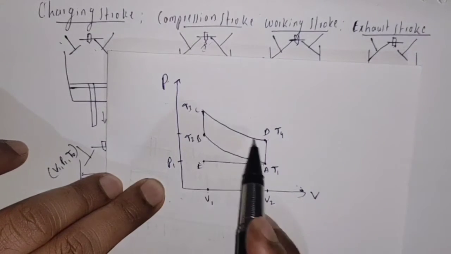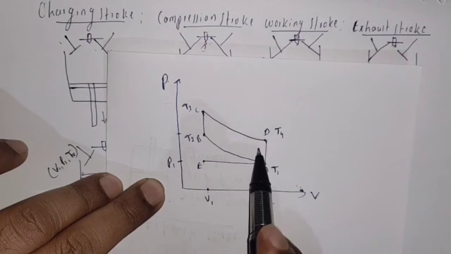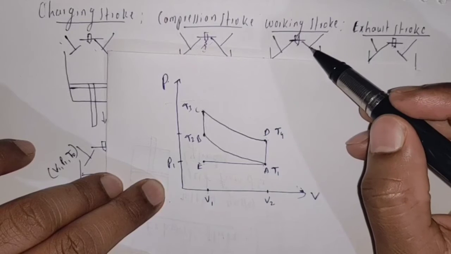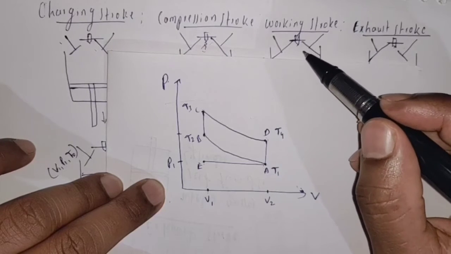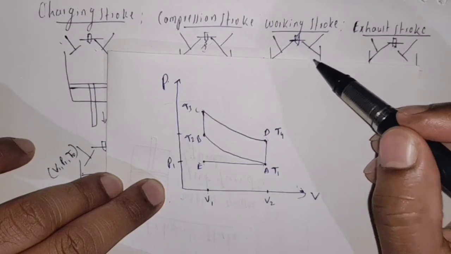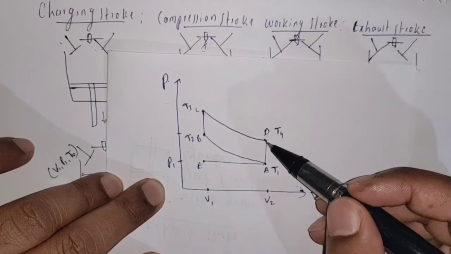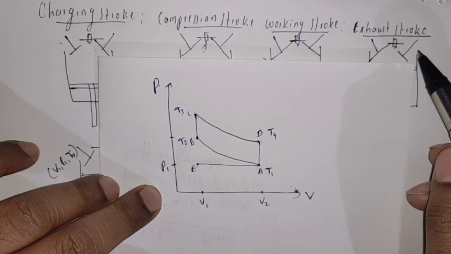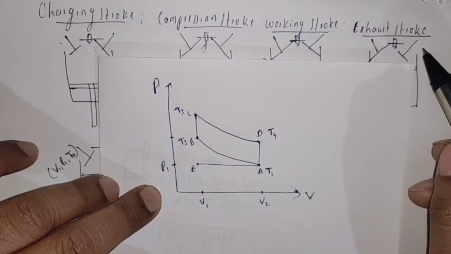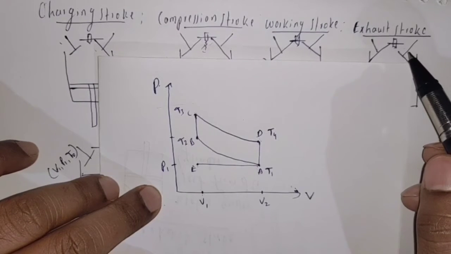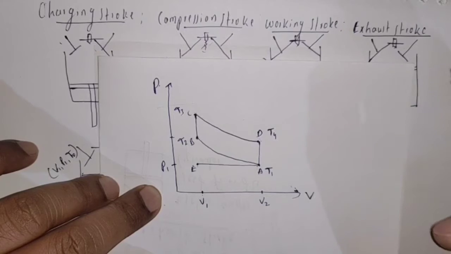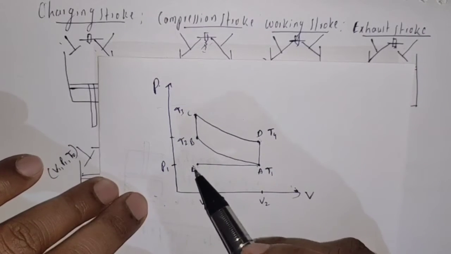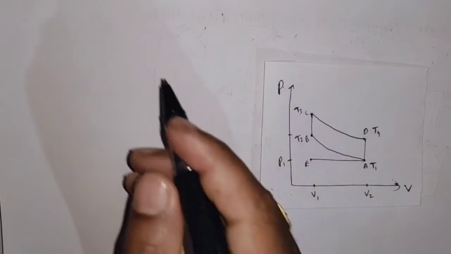After the working stroke the outlet valve is open, and because of this there is a sudden decrease in the temperature and pressure of the system, which we represent by DA. When the waste gases are ejected from the cylinder, the piston moves to the initial condition, represented by AE. This is all about the PV diagram.